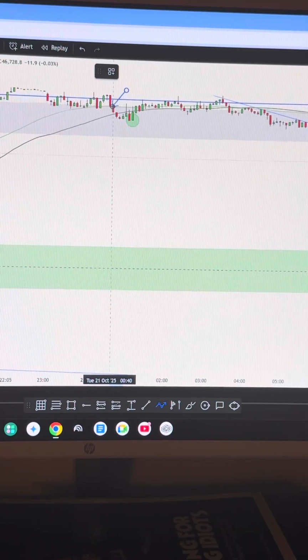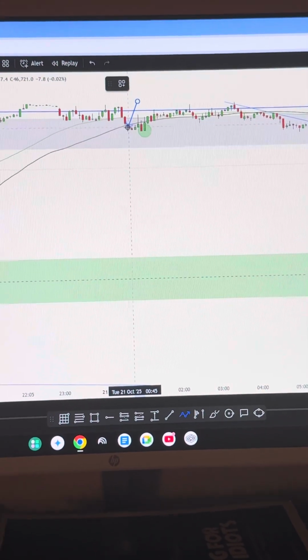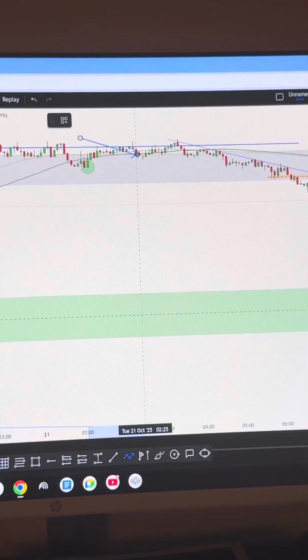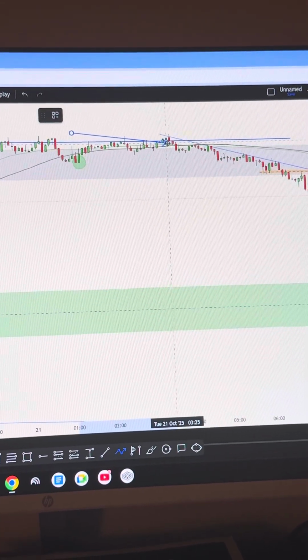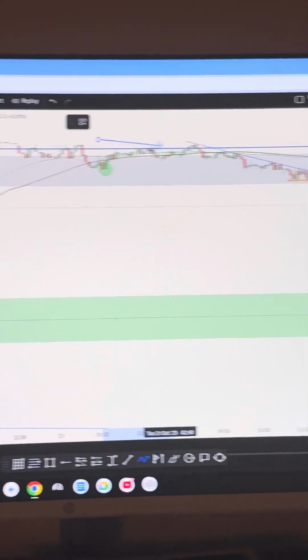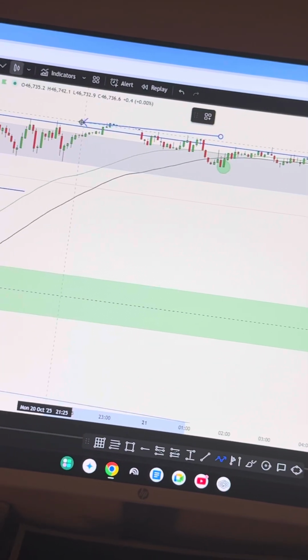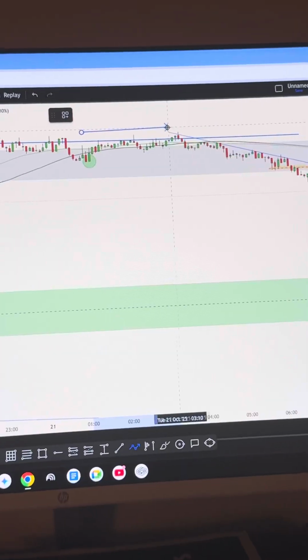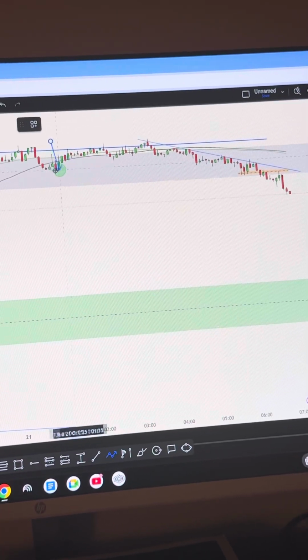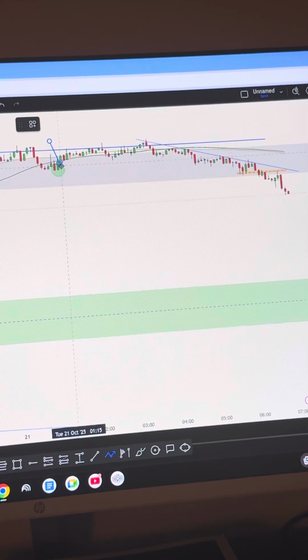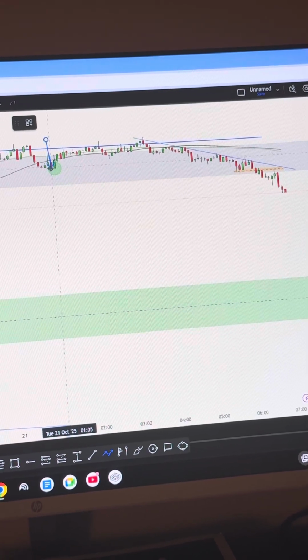First we break through the 66, then we break through the 85. Then price starts going on a little mitigation phase, a little sideways momentum, still respecting the resistance and not breaking it. And then we broke this low over here. As you can see, this low over here got broken.